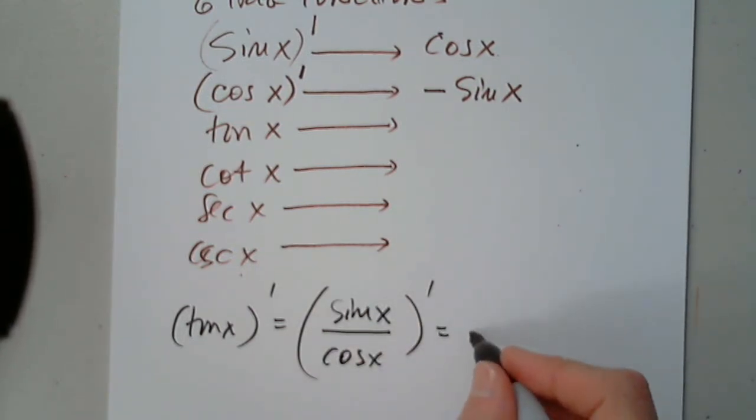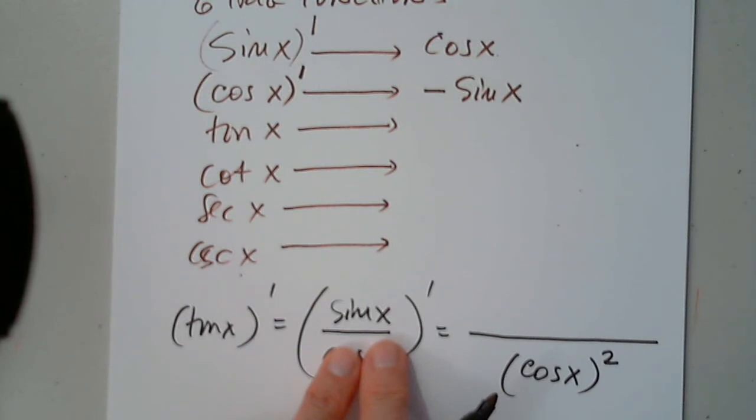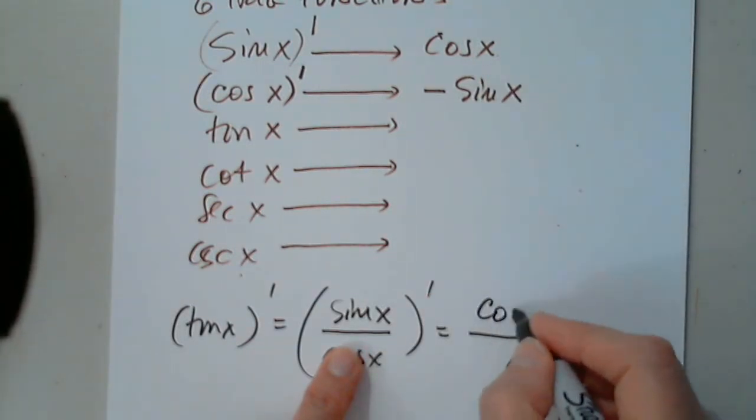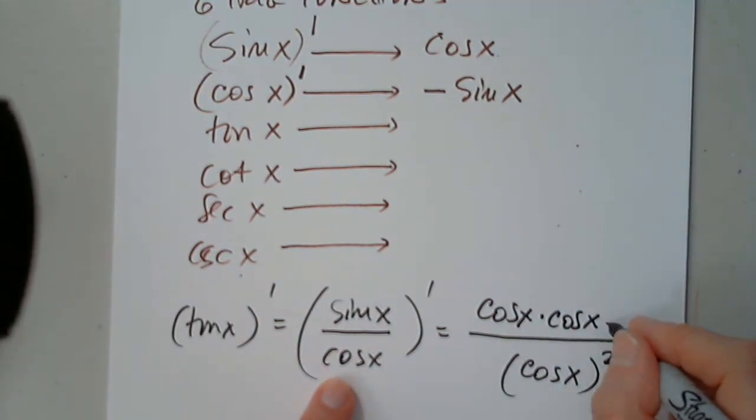So let's differentiate this. No problem. It's a quotient rule. The denominator, I meant to say cosine squared. Sine prime, which is cosine, times cosine.